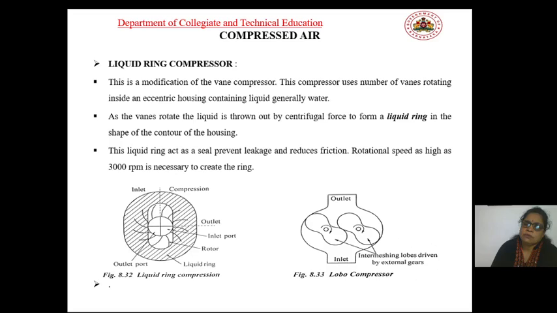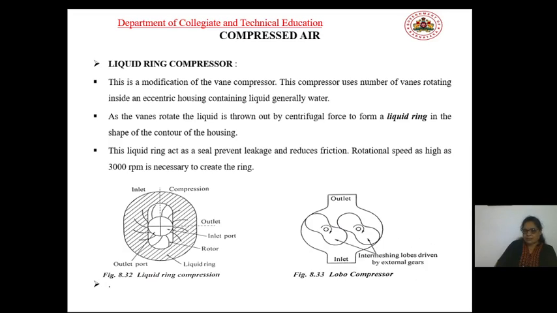Here the rotational speed may be as high as 300 rpm, needed to create the liquid ring. You can observe the liquid ring compression here. The construction has an outlet port as well as an inlet port. It has 2 outlets and 2 inlets so that it can be balanced, that is, the amount of fluid or air entering into the system and delivered to the atmosphere should be the same.